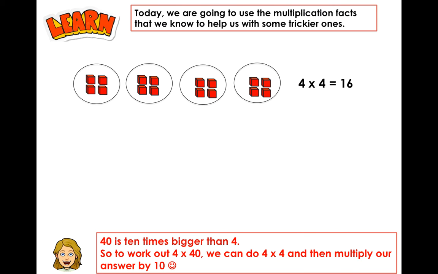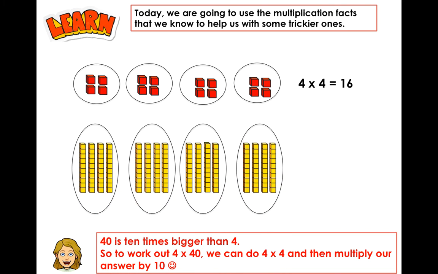So, in this example, we've got 4 times 4 equals 16. We've got 4 groups with 4 in. Now I'm going to use that fact to help me to work out 4 times 40, which I have shown here. So because I know that 4 times 4 ones is 16, I know that 4 times 4 tens is going to be 10 times bigger.